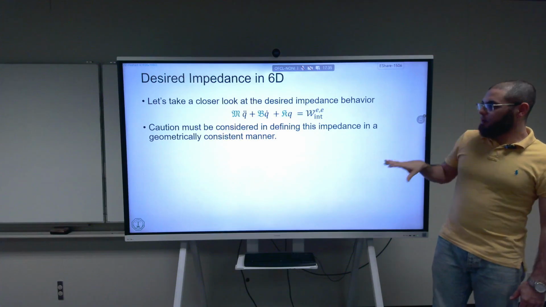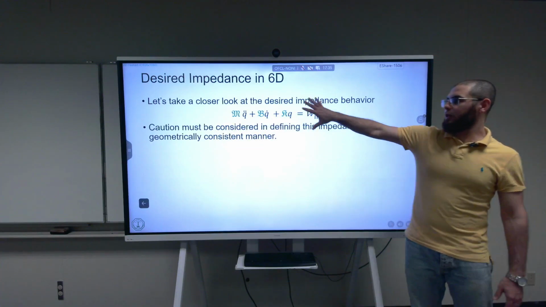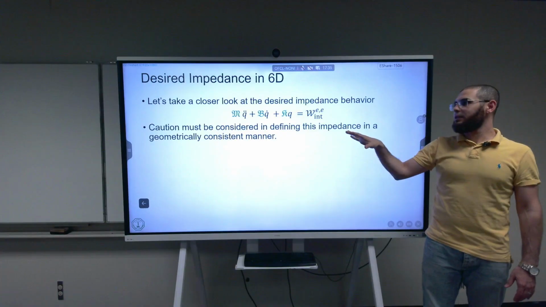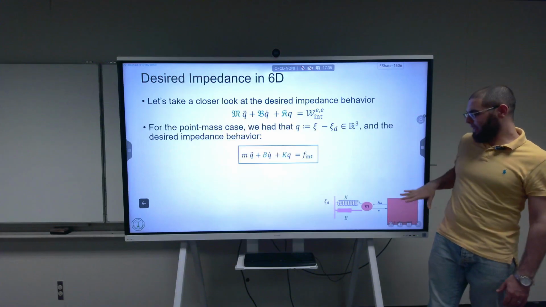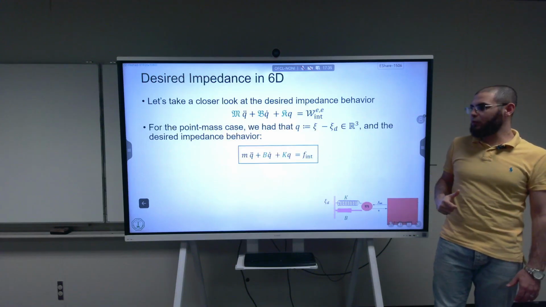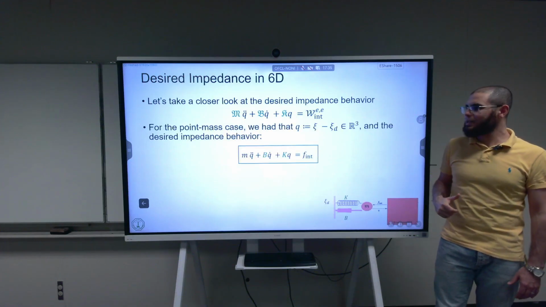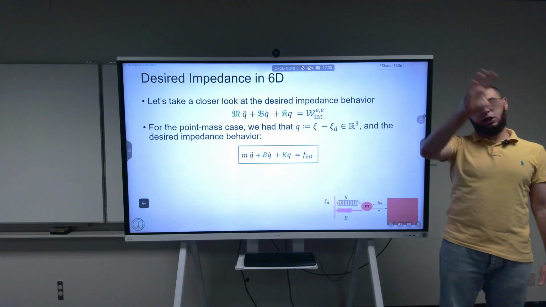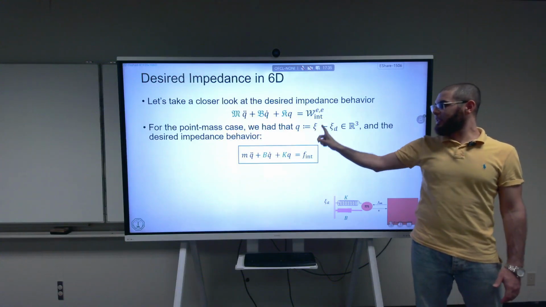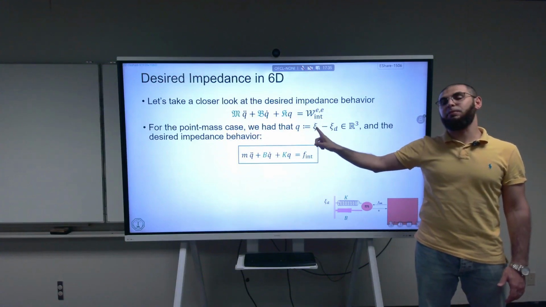So now we already saw the way of setting this desired impedance behavior when we looked at the case of the point mass. If you remember, we said that Q in this scenario, the point mass lives in R3. So the state of the robot is simply given by psi.